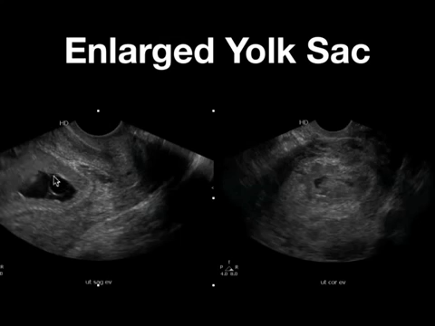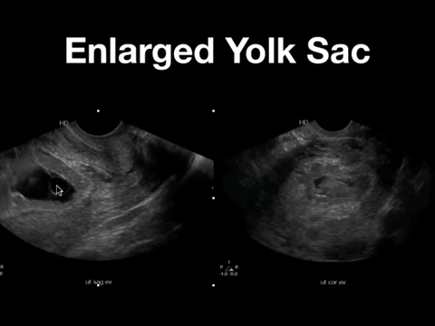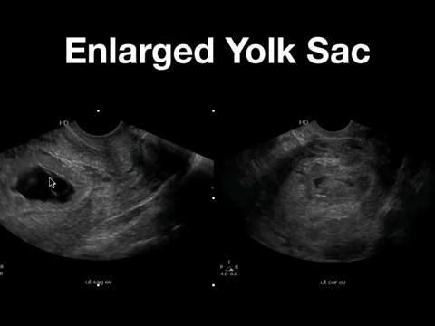Here you've got an enlarged yolk sac. It is echogenic with a central clearing, but a yolk sac that's greater than about 5.6 to 5.9 millimeters is associated with aneuploidy.